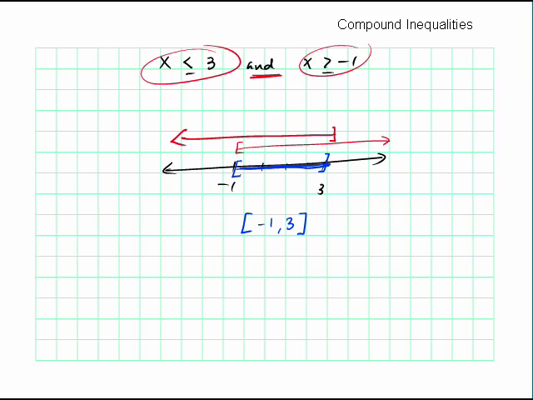And really what this means is if you take any number here between negative 1 and 3, for instance 2, what does 2 do? It works for both inequalities. 2 is less than or equal to 3, and it is also greater than or equal to negative 1. Any number in this interval is a solution. Here's another.